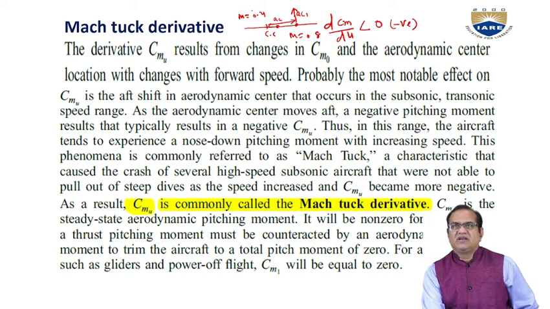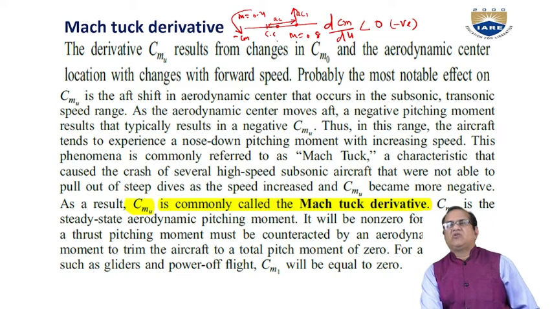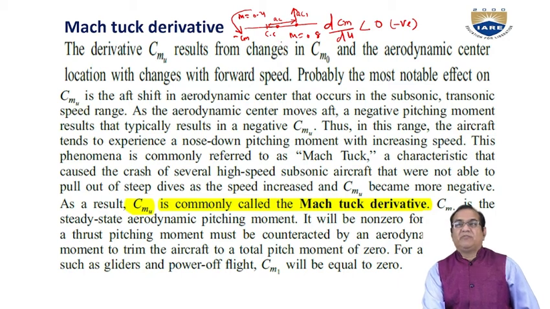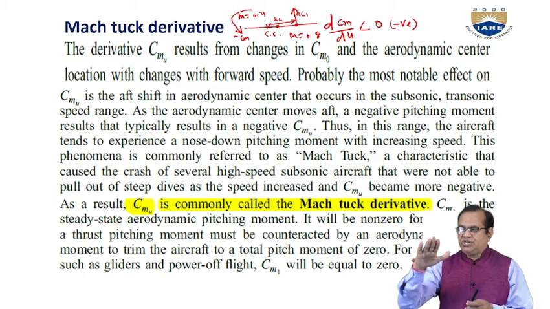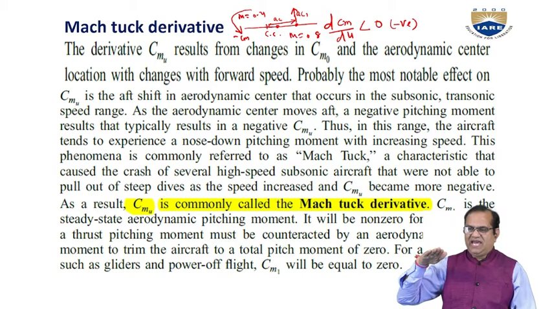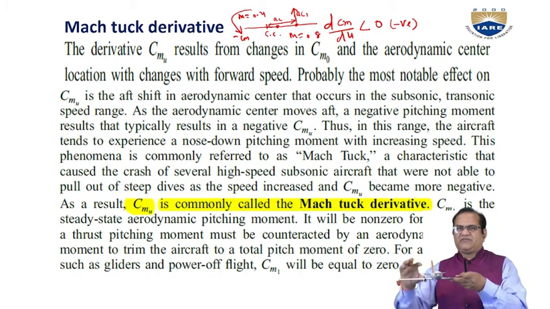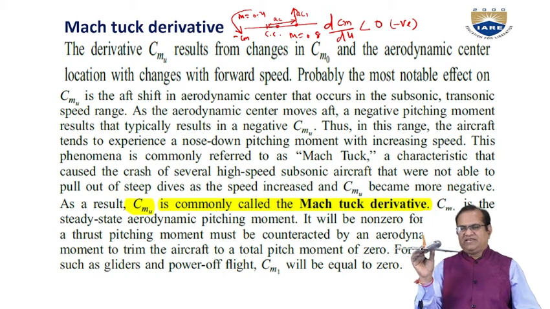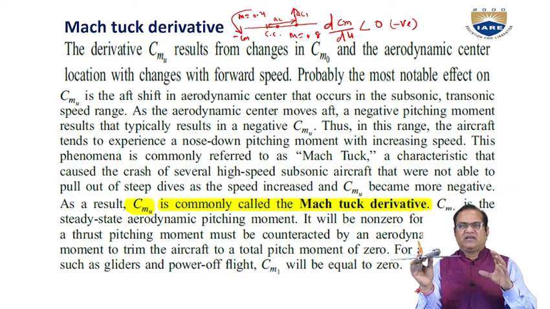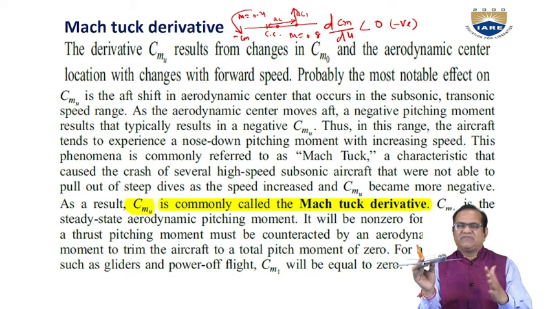So Cm will be down, minus Cm, or a nose-down tendency will be experienced. This nose-down tendency during high speed of the aircraft is called the Mach tuck. It will try to nose down. The aircraft is moving like this as the speed is increased near the Mach number due to the shifting of the aerodynamic center. For a low subsonic case, the aerodynamic center will be nearly c by 4.